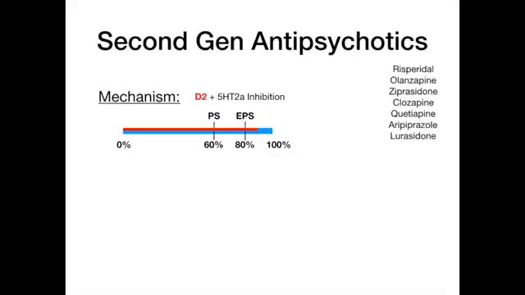So we move that red line back between 60 and 80%, and we're actually right there where the orange line is, smack in the middle of 60 and 80, and that is the hot spot for the atypical antipsychotics, because we're getting rid of the positive symptoms. We've got at least 60% D2 blockade, but we have not yet hit 80% because that little bit of 5-HT2A inhibition gives us a little baby bit of dopamine back, which helps avoid the EPS.